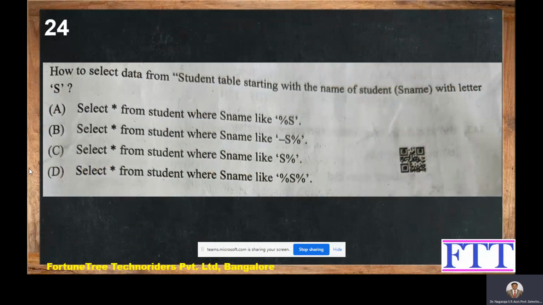Option C, select star from student where S name like S mod. Option D, select star from student where S name like mod S star.